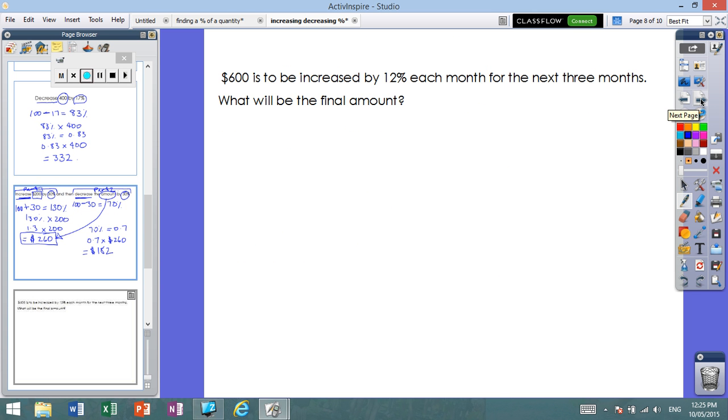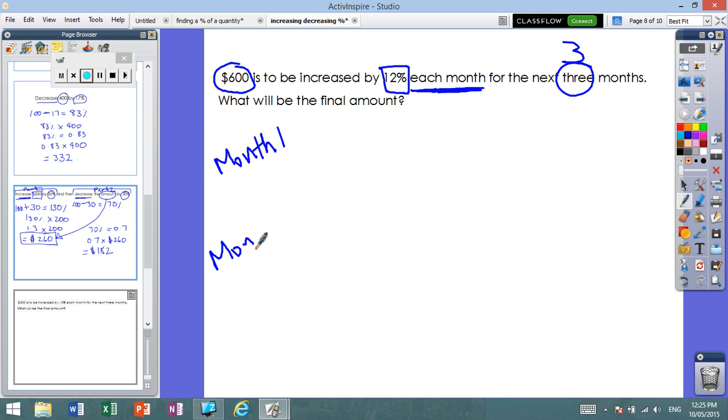Alright, next one. We've got $600 here, and it needs to be increased by 12% each month, each month for 3 months. Okay, so I'm going to do this. Month 1, month 2, month 3.